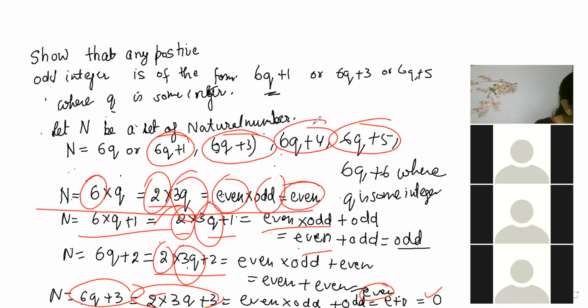Can you represent 5 in 6q plus 3? Yes, beta. q can be either positive or negative. Sorry, q can be odd or even. If q is even, then 3 times 6q will always give you an even number.